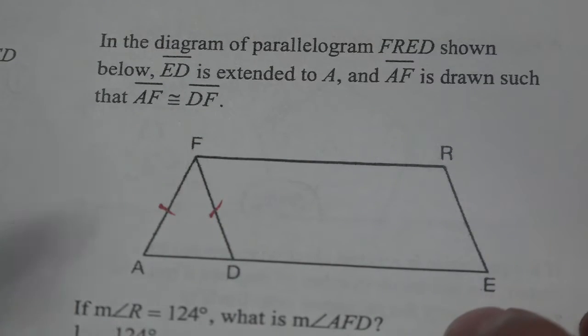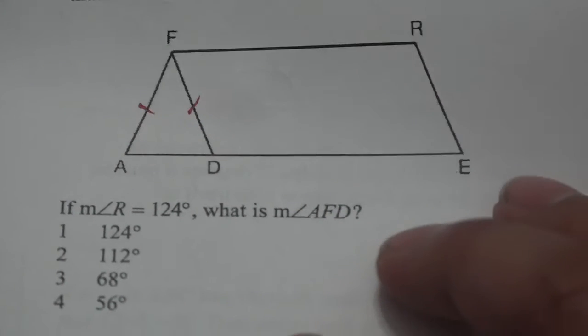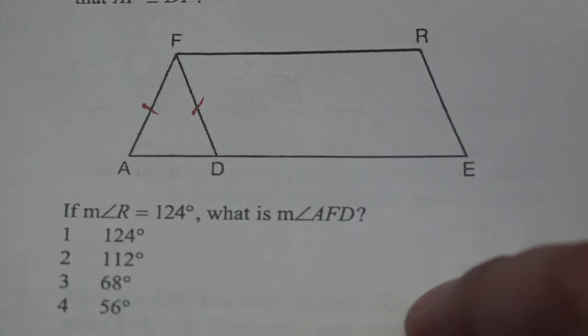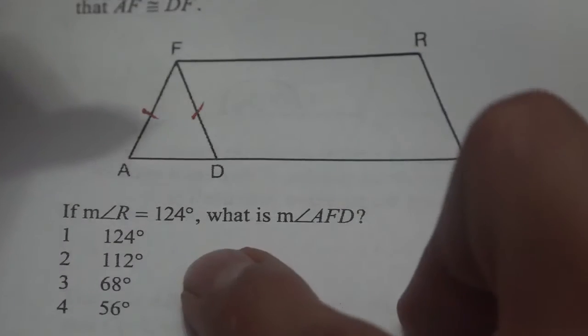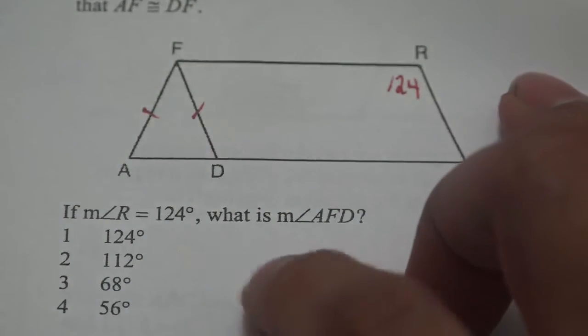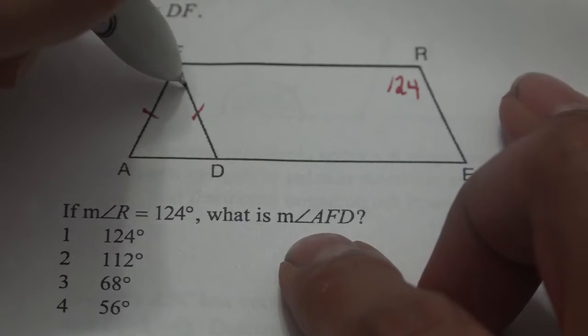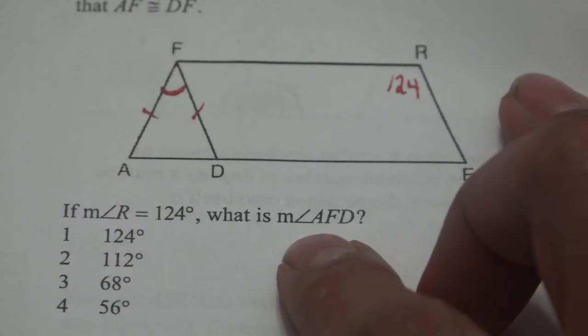Okay, but still. Then it says, if the measure of angle R is 124 degrees, so this is 124 degrees. What is the measure of angle AFD? They want this measure right here. Well, think about it.